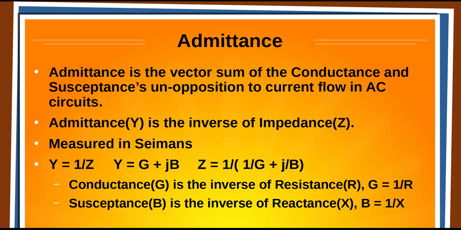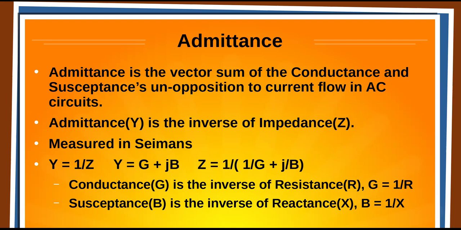Admittance is the reciprocal of impedance. So it's just 1 over Z. And it uses terms like conductance and susceptance instead of resistance and reactance. G represents conductance, which is the reciprocal of the resistance. So it's how well it conducts as opposed to how well it resists.